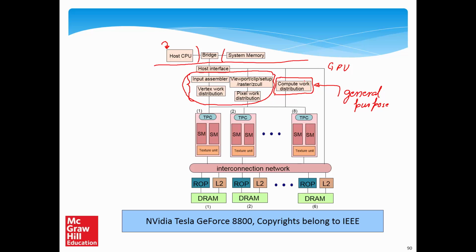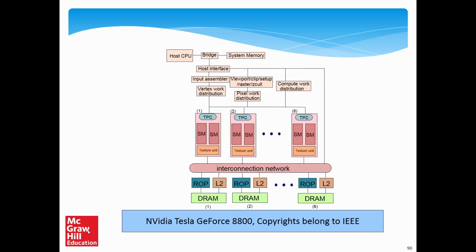That is managed by this compute work distribution unit, whose job is to access the computational part of the GPU. Mind you, this part of the GPU is shared between the regular graphics tasks, which come via this route and this route, and the compute work, which comes via this route.